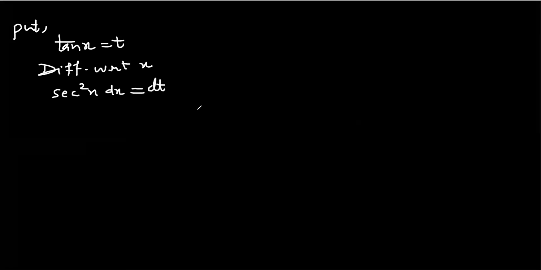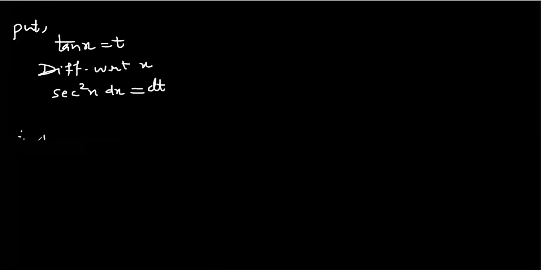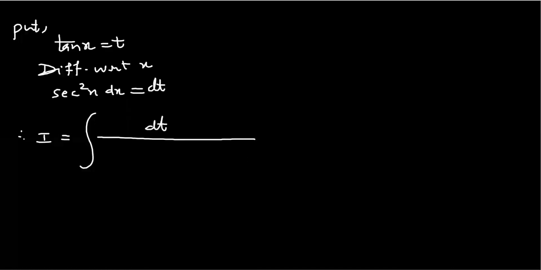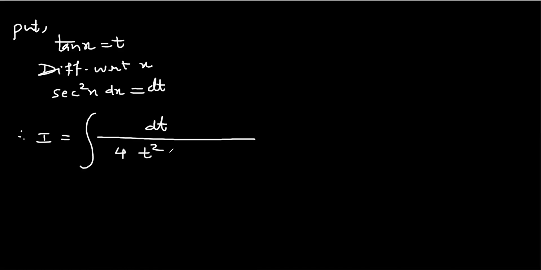So sec square x dx is dt, right? So I get, therefore, I equals the integral of dt over 4 tan square x plus 7, so 4 t square plus 7.